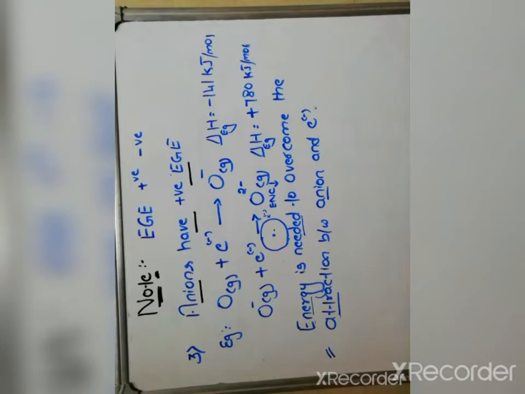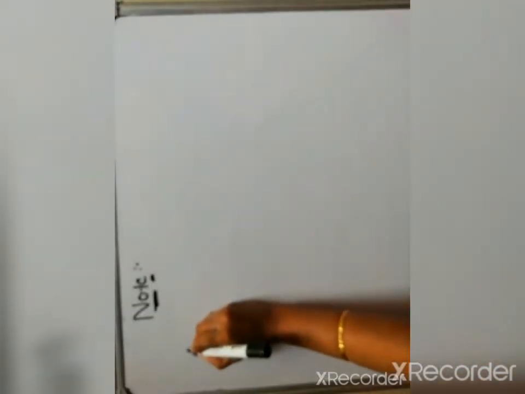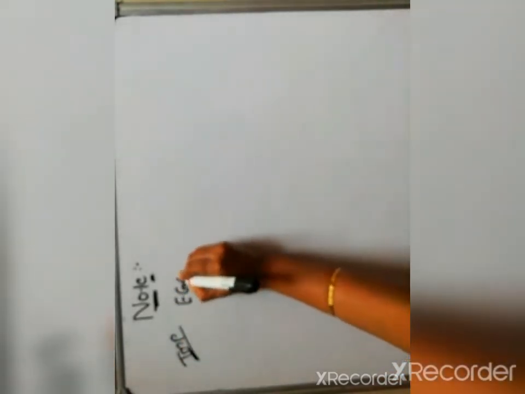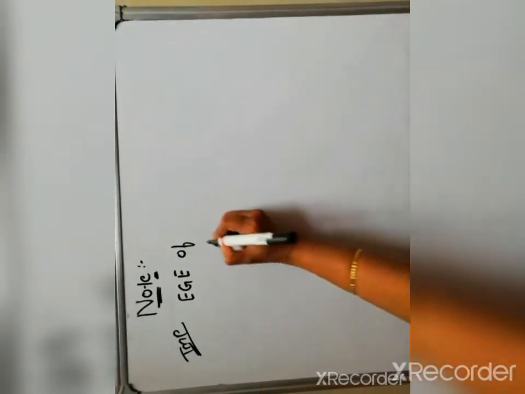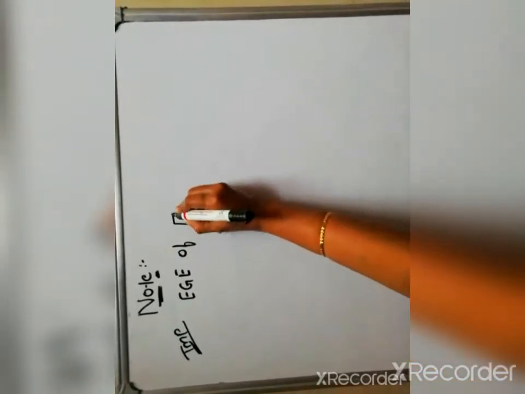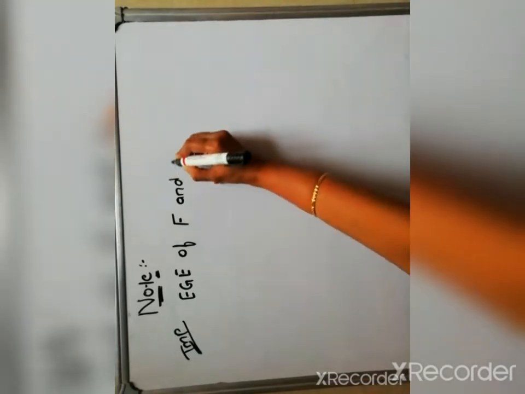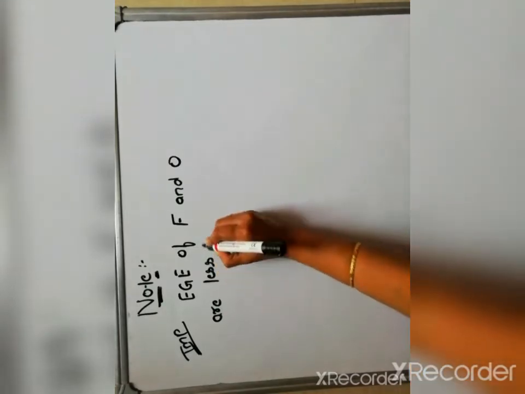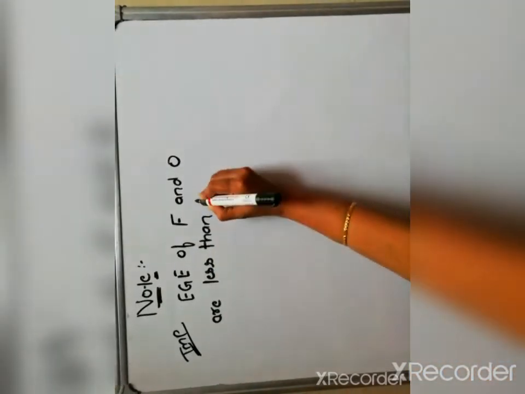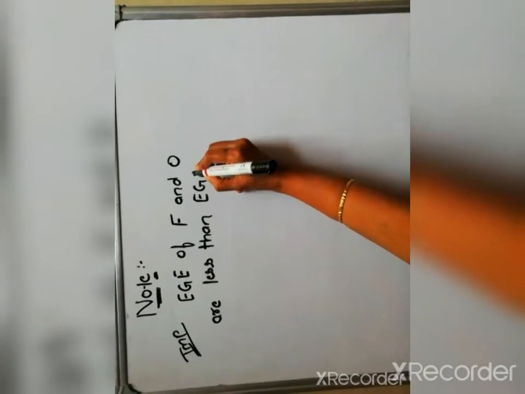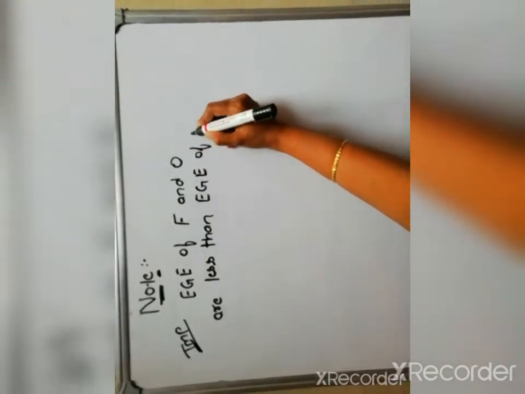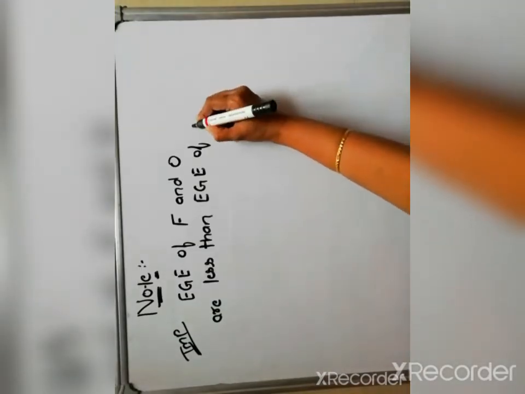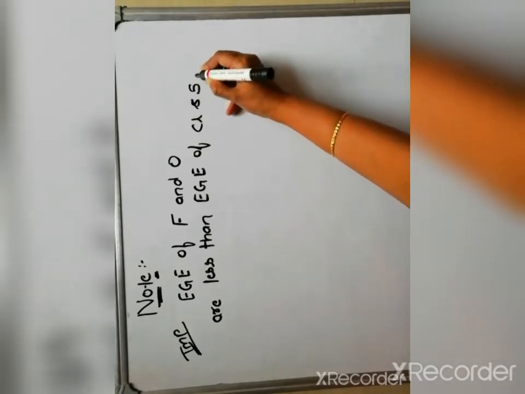This next point is also a very important point, that is, the electron gain enthalpy of fluorine and oxygen are less than the electron gain enthalpy of chlorine and sulfur.